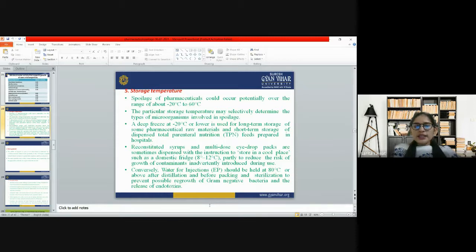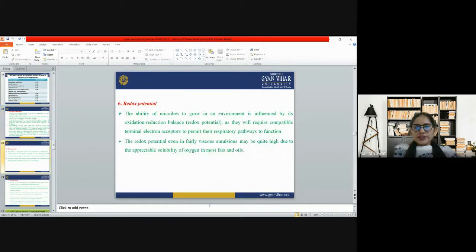Conventionally, water for injection should be held at 80 degrees Celsius or above after distillation and before packaging and sterilization, to prevent the possible regrowth of gram-negative bacteria and the release of endotoxins.